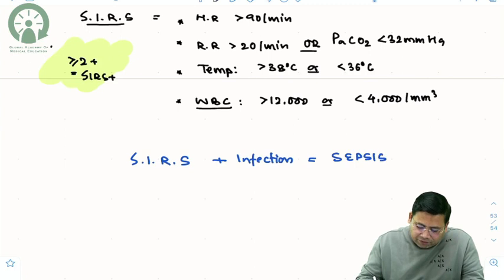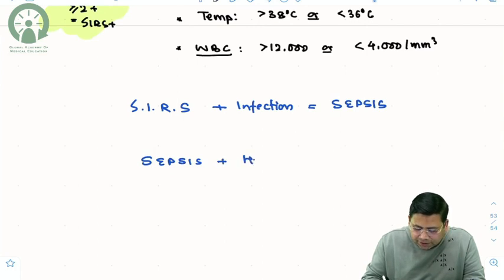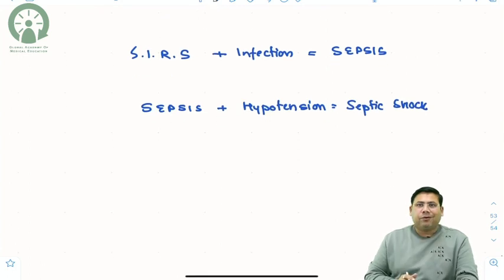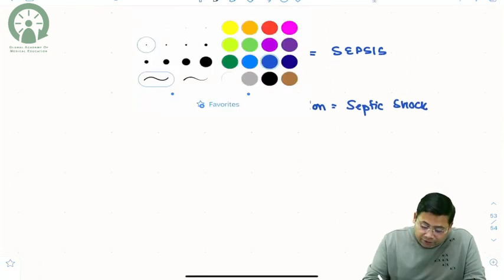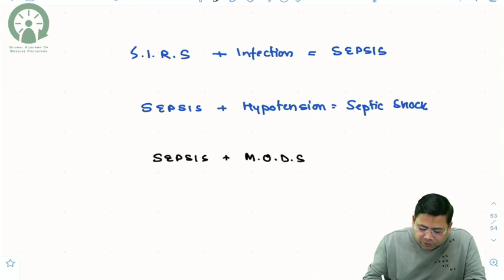This is again very important. And then sepsis plus hypotension, what is this known as, students? This is known as septic shock. Again, one more thing you need to understand is sepsis plus organ dysfunction. So sepsis plus MODS, you can call it sepsis syndrome.